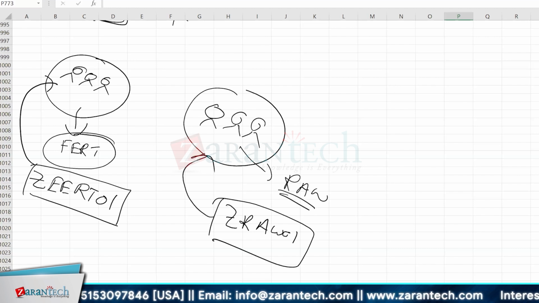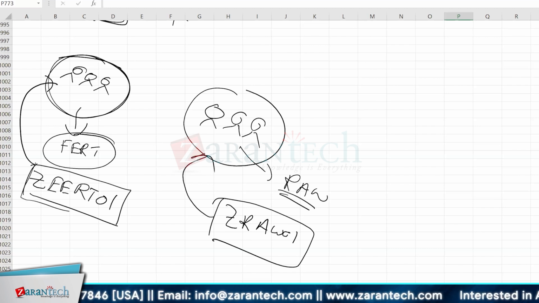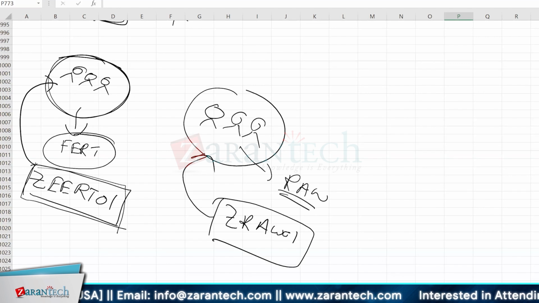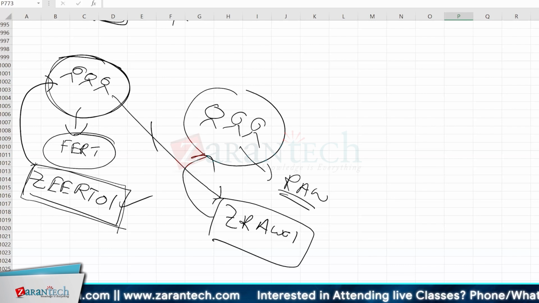So this user group always has to use this CR type only. If they have only one CR type, it automatically gets defaulted. This user group cannot use this one because they are not authorized. So likewise, we can assign which CR types have to be assigned to which user group.